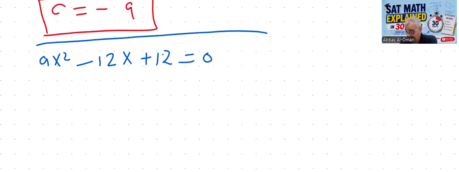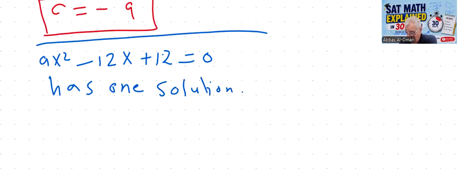So we know that this equation has, this is given, one solution and only one value for x that satisfies this equation. So what is A, so that this function has only one solution?